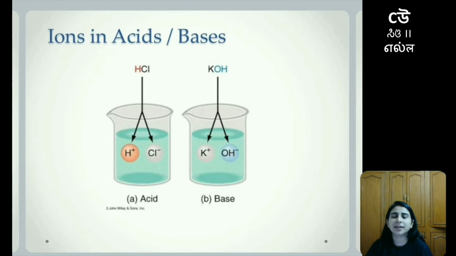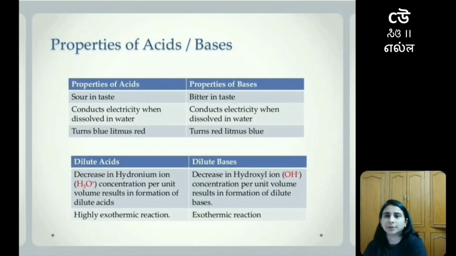Talking about bases, they have taken example of potassium hydroxide. So when this potassium hydroxide is dissolved in water, potassium will acquire 1 plus charge, whereas hydroxide ions are the ones which are going to acquire minus charge. So this was about what type of ions are there when acids as well as bases are dissolved in water.